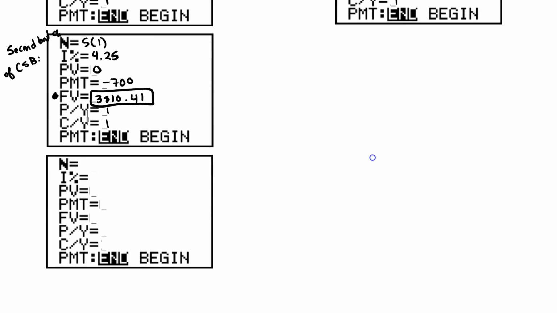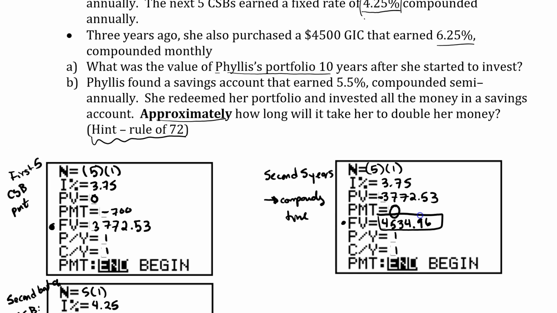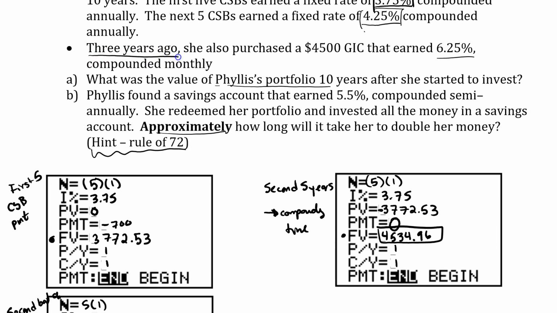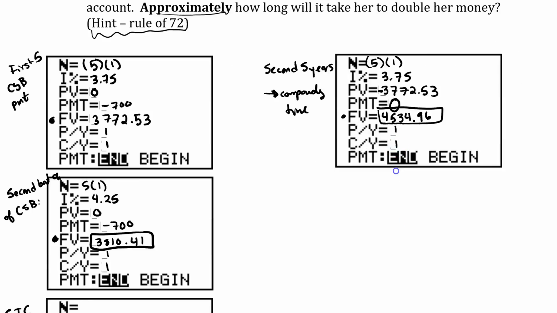So let's focus on that GIC. I promise you this one's going to be easier. So this is the GIC. So 3 years ago, she purchased a $4,500 GIC at 6.25 compounded monthly. No problem. We got this. So we're saying that it is 12 compounding periods per year.